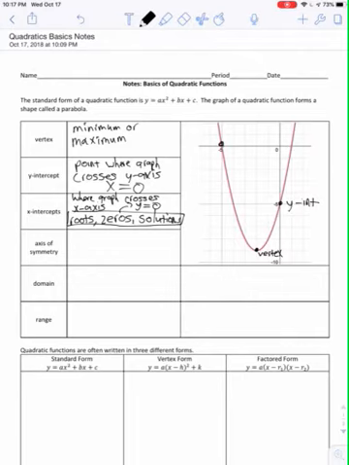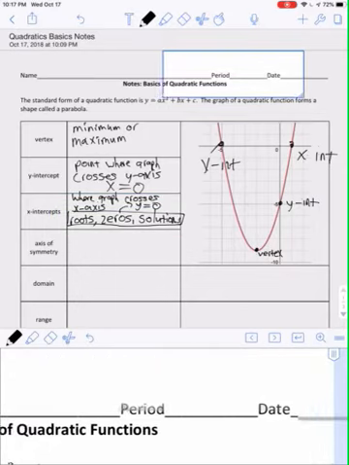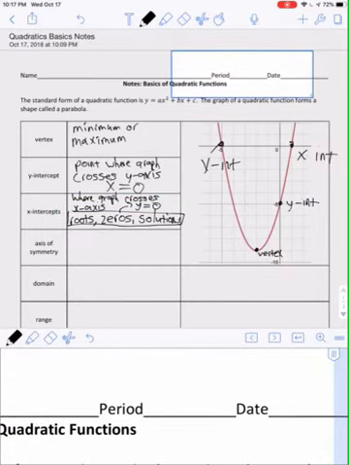All right, axis of symmetry, so that's the line that oh, let's label our x-intercept. So there's an x-intercept, and there's an x-intercept. So a quadratic function could have 2 x-intercepts, but we could also have a quadratic function that has no x-intercepts if the entire graph were above or below the x-axis.